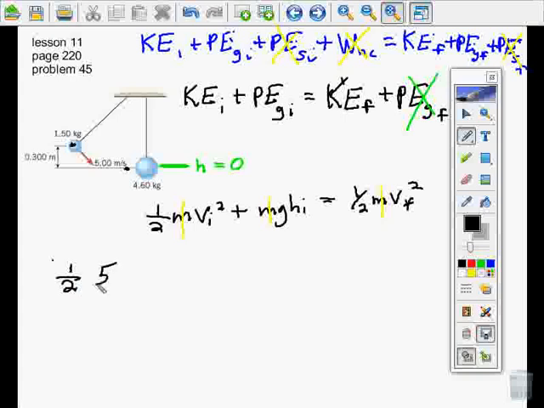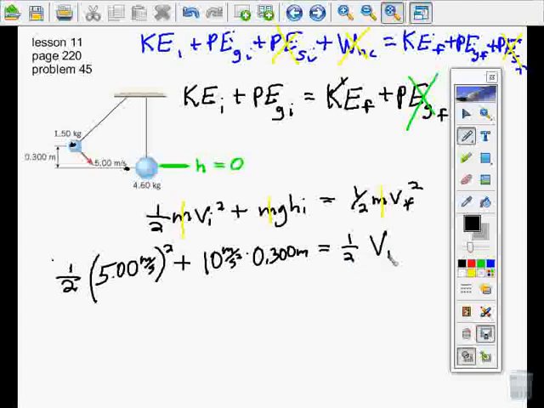So 5 meters per second squared plus the g right there is going to be 10 meters per second squared times h. They tell us the height off the ground is 0.300 meters, and that's going to equal 1/2 times the final velocity squared.